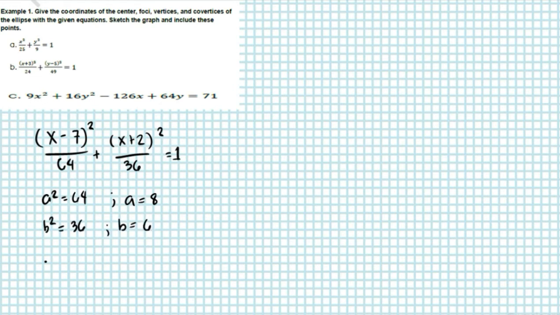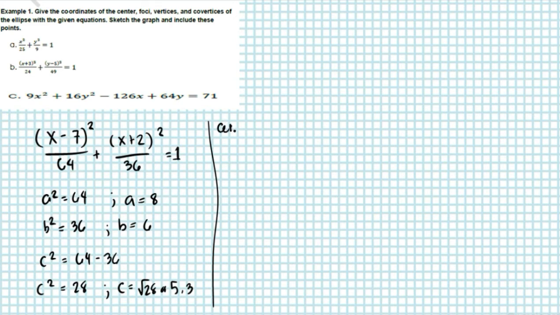Therefore, our b is equal to 6. To get c, so 64 minus 36 is equal to 28. Therefore, our c is equal to square root of 28, or approximately 5.3. Meron na tayong values ng mga distance. Makukuha na rin natin from the equation yung ating center. Center is 7 and negative 2.